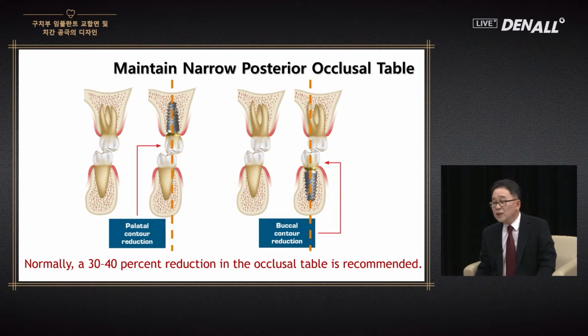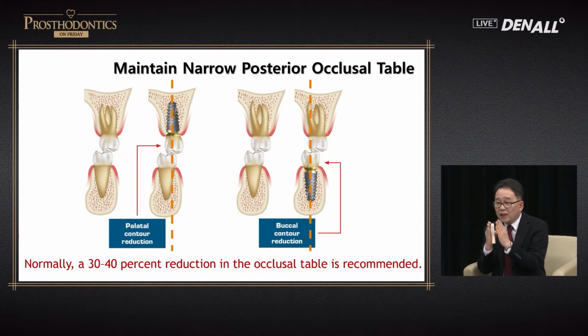If we are to do the reduction on the maxilla, it is palatal; in the mandible, buccal reduction would be recommended, because in most cases, when bone is resorbed on the maxilla, the arch size is reduced and implants tend to be placed inwardly.